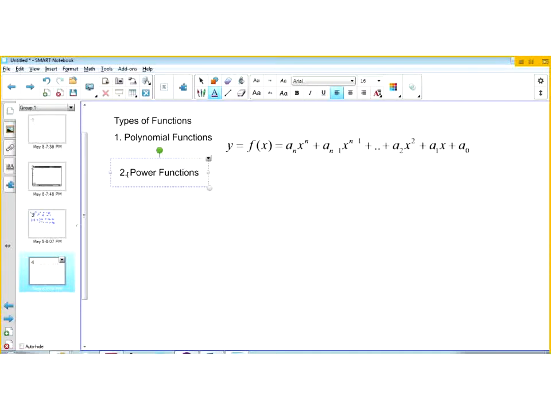Then another class of functions we have are called power functions. And those are basically functions which are powers of x.